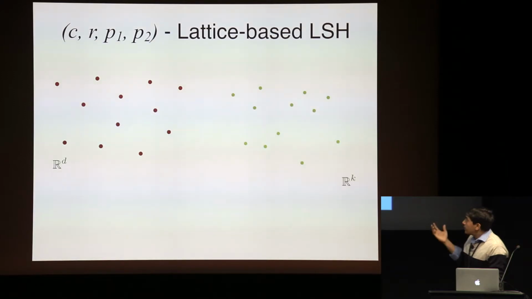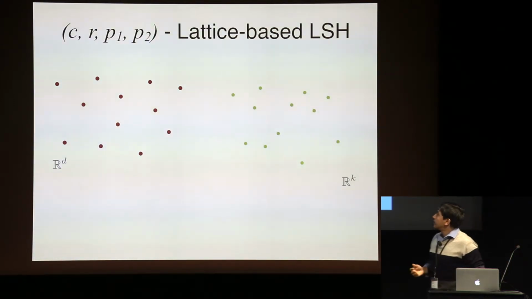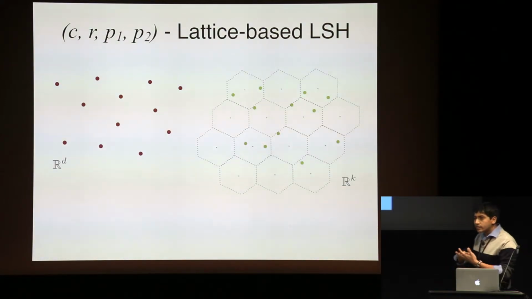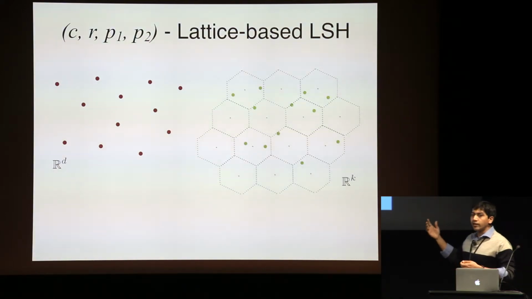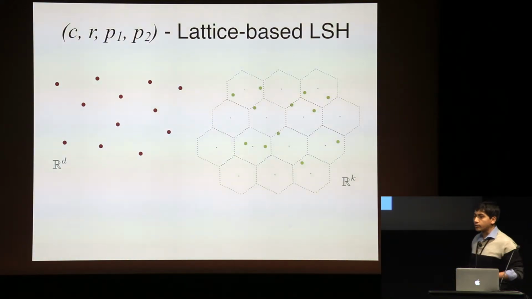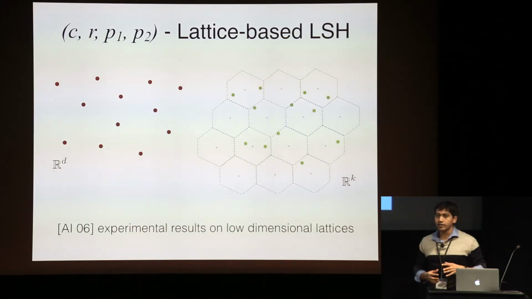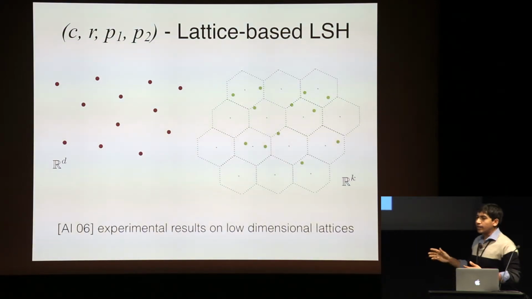Specifically, Andoni and Indyk had shown an alternate hash function. That is, you take the set of points, project it to a lower dimensional space, pick a lattice or one random shift of a lattice, and the hash of any point is now defined as the center of the Voronoi cell in which it lies. They had given some experimental evidence using the 24-dimensional Leech lattice to show that yes, it does indeed perform better.